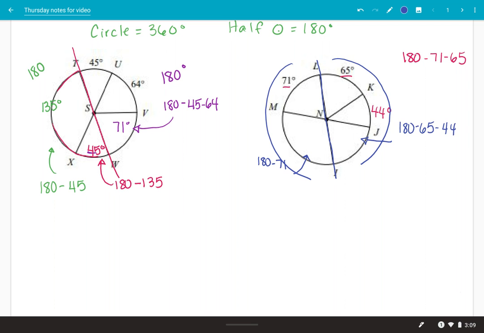And then you just plug it in. And the one on the right is going to be 71 degrees. And the one on the left is going to be 109 degrees. So that's how you figure it out. It's sort of like a puzzle. If you can find the diameter, it's going to make your life a lot easier.